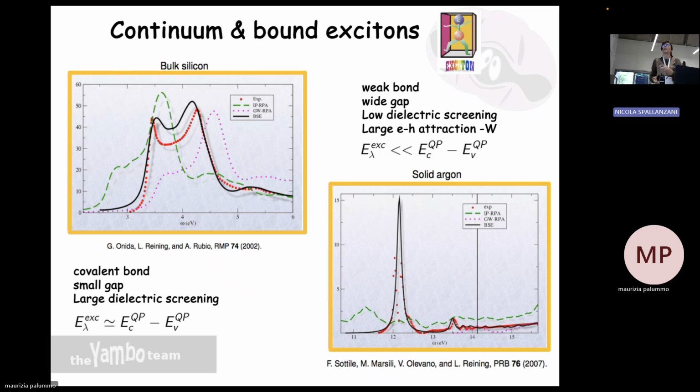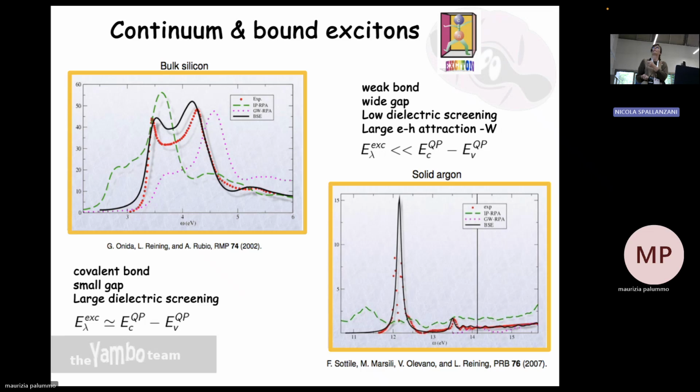While here, solid argon is a material with a very large gap, so very low dielectric screening. Very low dielectric screening means W is very important, because electrons physically feel each other very much, while in silicon, due to the polarizability, not so much. So for solid argon, this is the GW gap.